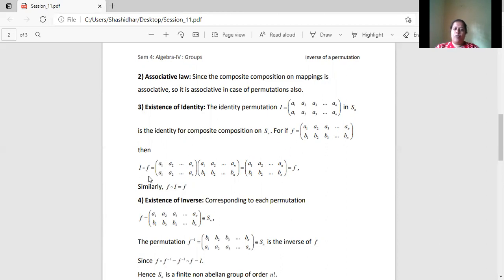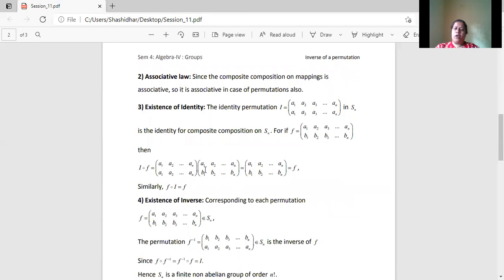That is I composition F. I have written the identity permutation here, and composition is nothing but the product I into F, and then we write the permutation F, what we have here.